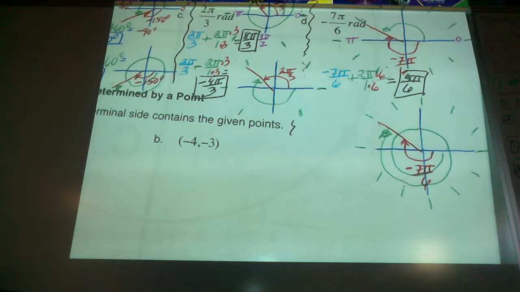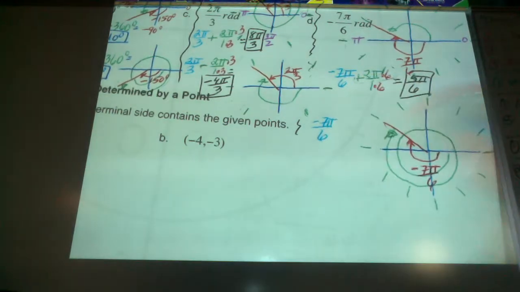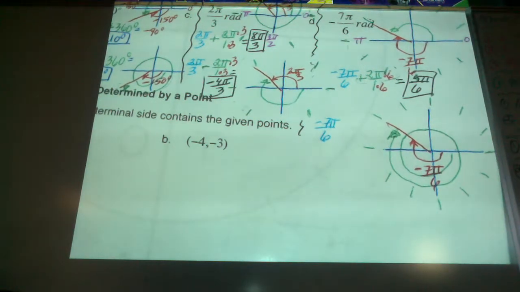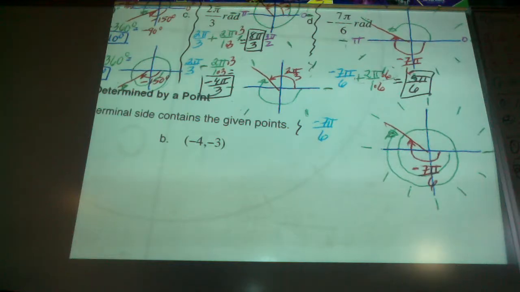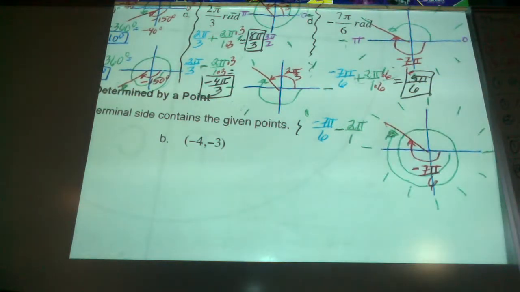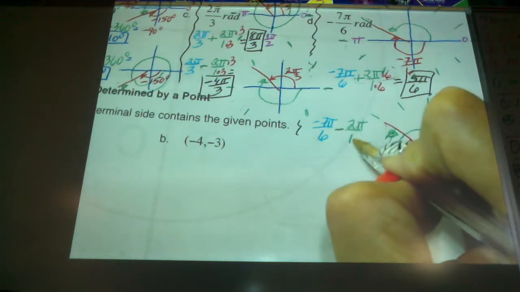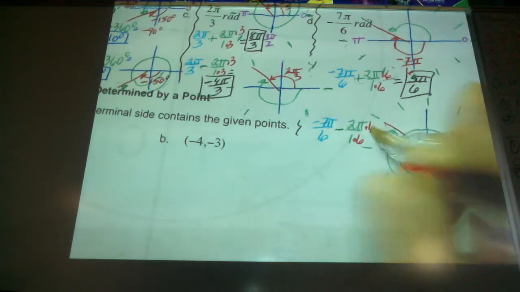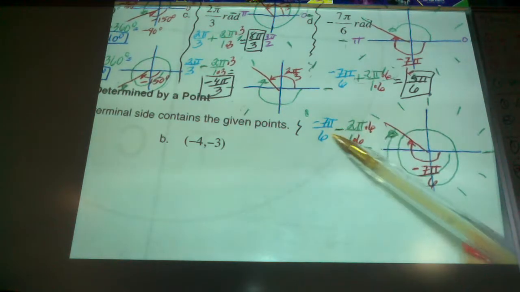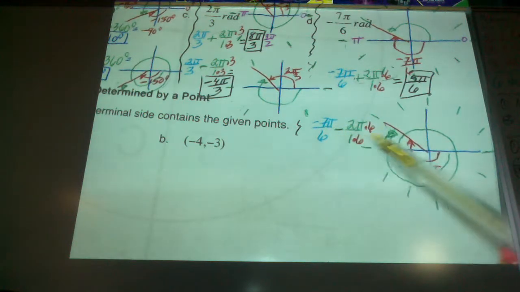So mathematically, we're going to start with negative 7 pi over 6 and do what? Add or subtract. We're going negatively. So we subtract 2 pi over 1. Denominator is 6, so I want this to be 6. So times 6 times 6. What's this right here? Negative 12, negative 12.